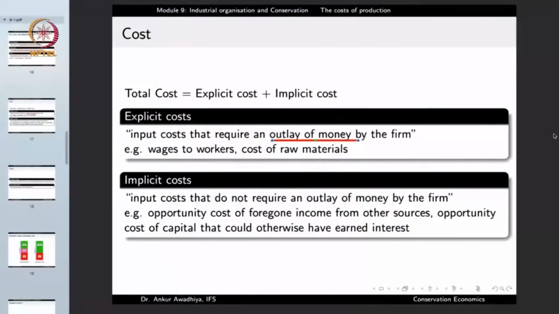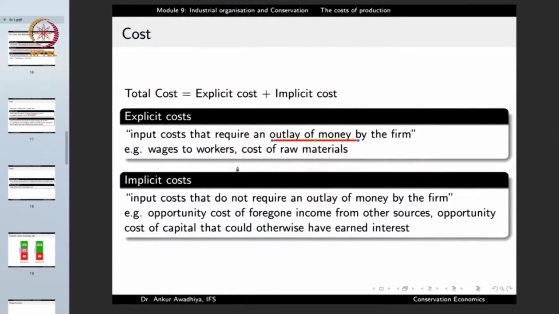The firm is paying money to buy maida, potatoes, salt, to its workers, and for electricity, fuel, rent, and so on. All those things for which the firm requires an outlay of money are known as explicit costs.